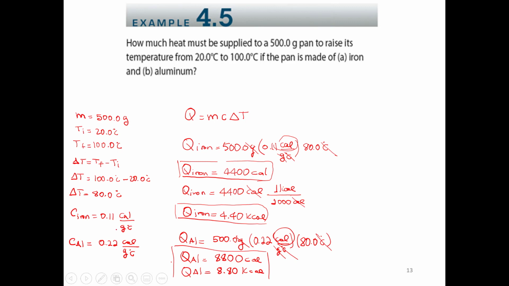The specific heat of the aluminum is twice the specific heat of the iron, and this is why the amount of heat that we need to supply to the aluminum is also twice. We had 4,400 cal, and in this case we had 8,800 cal, or 4.40 kilocalories and 8.80 kilocalories.